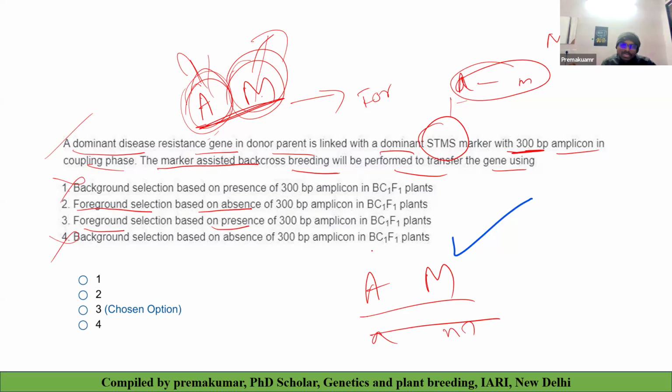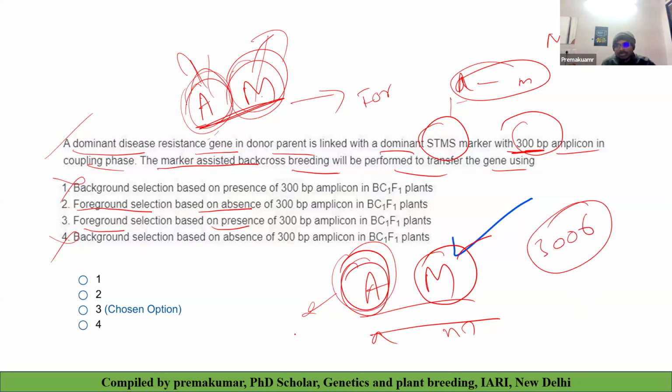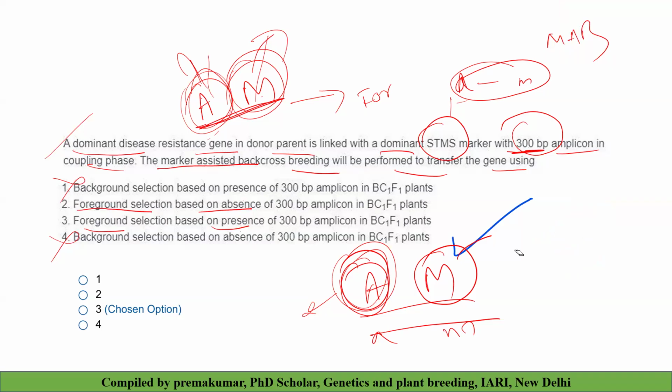Then if capital M of the marker is selected, capital A of the dominant gene will be selected. And they are saying your dominant band will produce 300 bp. Means if the 300 bp band is present, then your dominant allele of the gene will be there. Should it be present or absent? Present, sir. Presence.